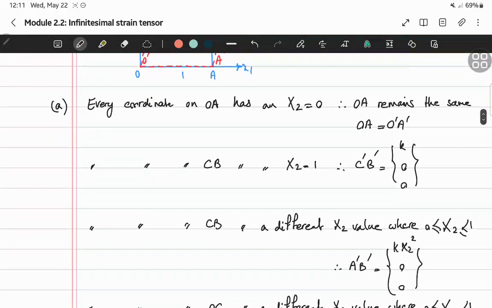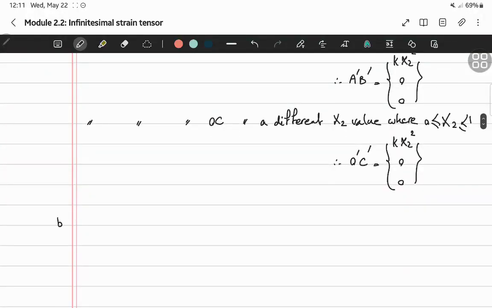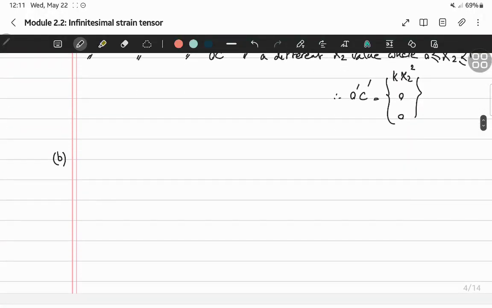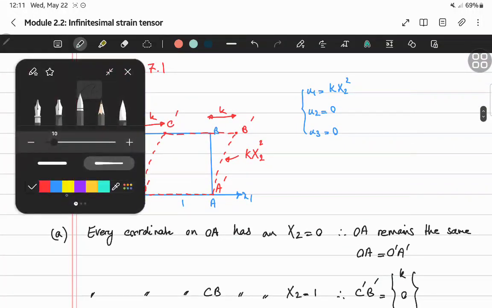Next, the question asks us to find the deformed vector in the reference configuration of dx1 equal to dx1 e1 and, let me write it here, dx2 equal to dx2 e2 on point C. So the whole idea here, I changed my color.